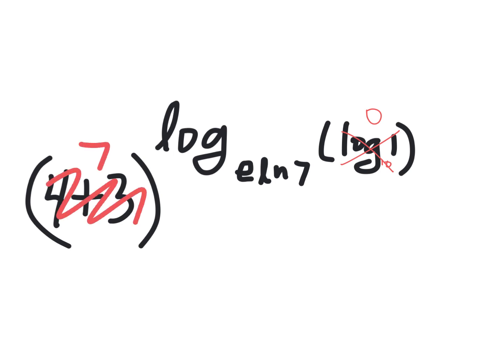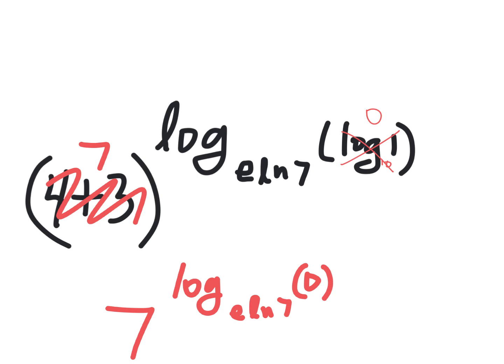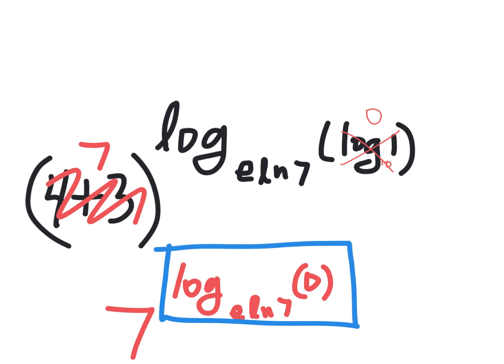So let's take a second and rewrite this. 7 to the power of log base e ln 7 of 0. Yes? But you can't have log of 0. You are correct. You can't even go any further. Do not pass go.